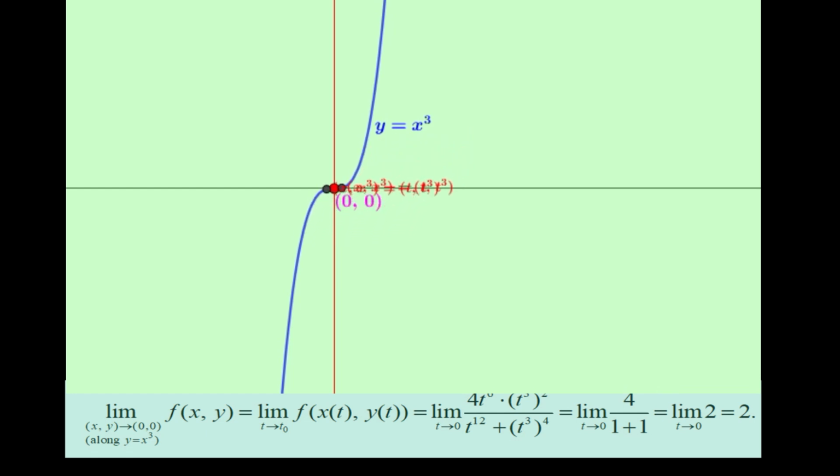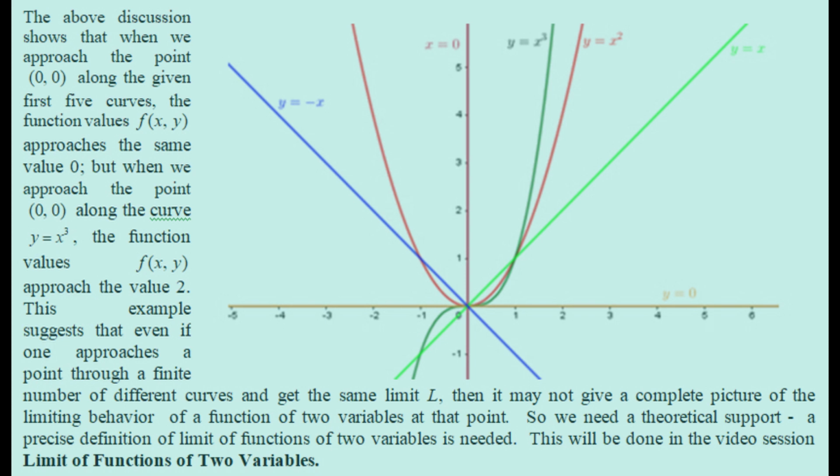The above discussion shows that when we approach the point (0,0) along the first 5 given curves, the function values f(x,y) approach the same value 0, but when we approach the point (0,0) along the curve y = x³, the function values f(x,y) approach the value 2.